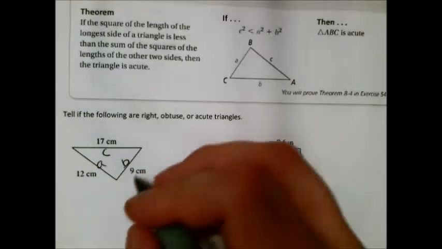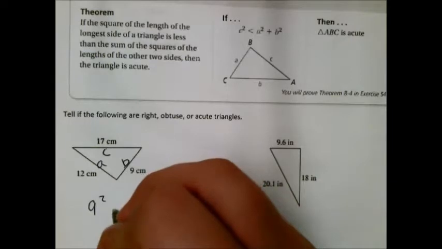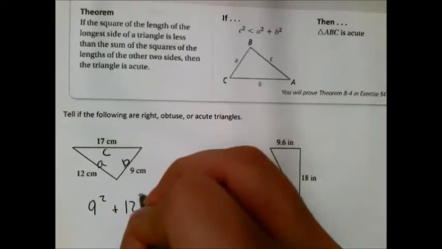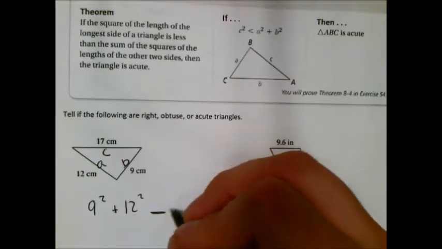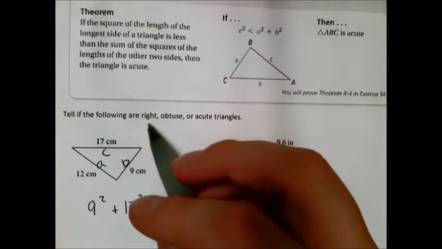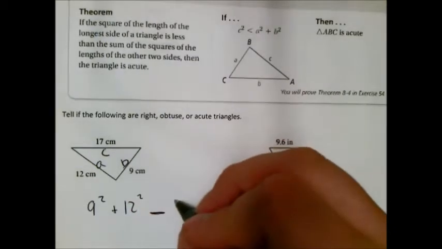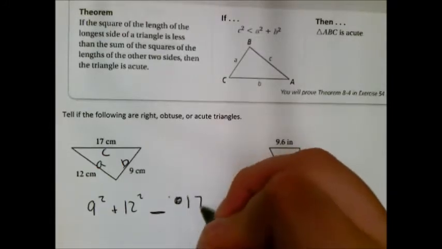So what we're going to say is that 9 squared plus 12 squared. I'm just going to leave this blank because we don't know if this is a greater than sign or less than sign or an equal sign. Because right now we're trying to figure out if it's right, obtuse, or acute. And we're going to compare it to 17 squared.